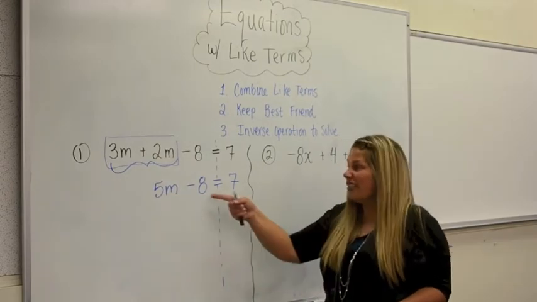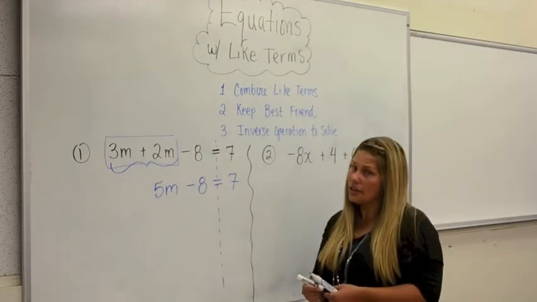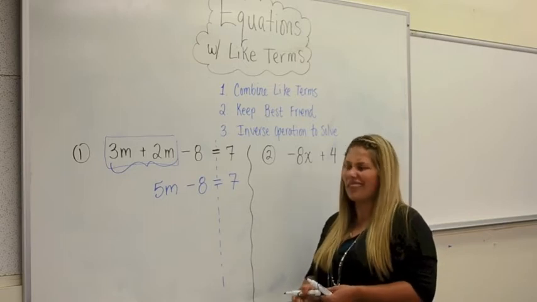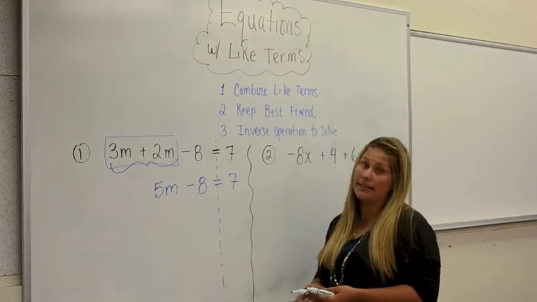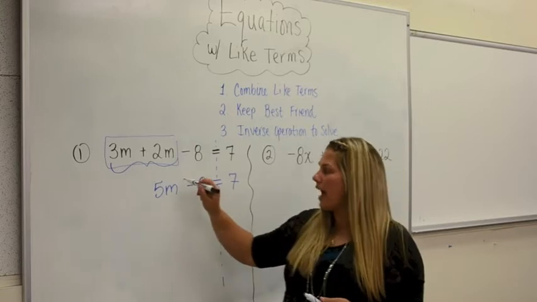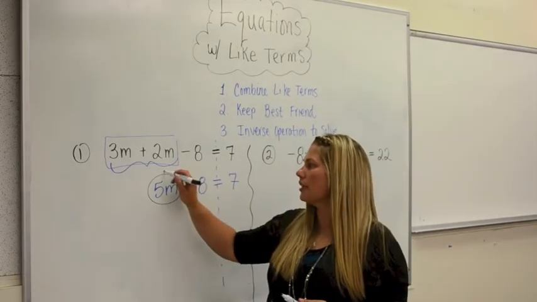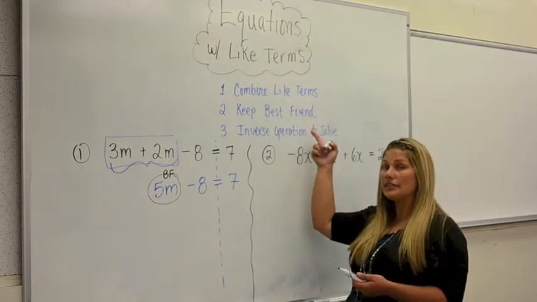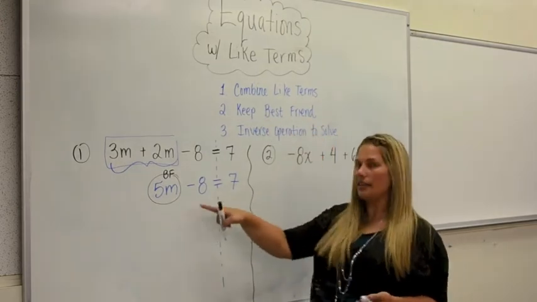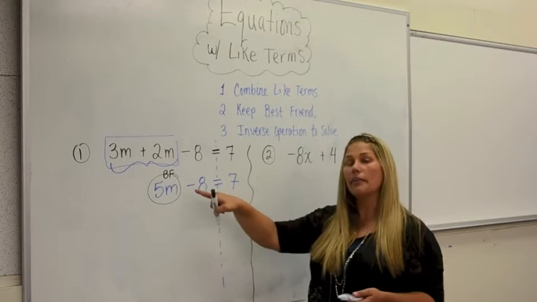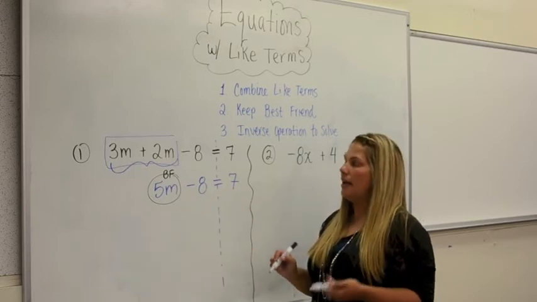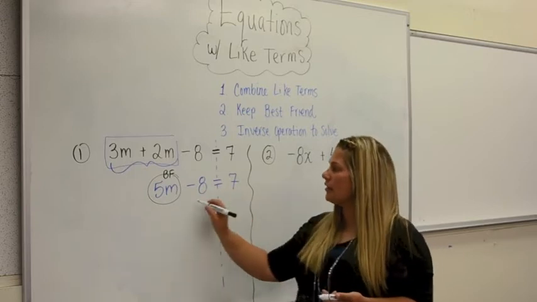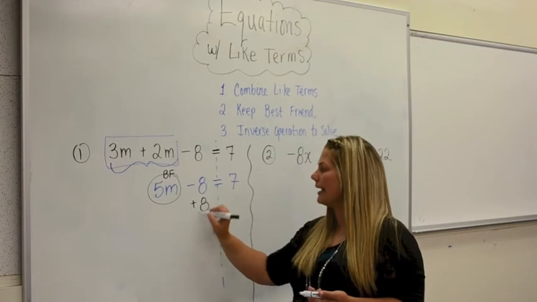Well, now, this is exactly what the last unit was. So this should be a breeze once you get to this step. The 5 and the m are touching, so remember those are best friends. And we keep the best friend, so we've got to get rid of the other one. The other one in this problem is the minus 8. And remember, going back to inverse, to get rid of a minus 8, we have to add 8.